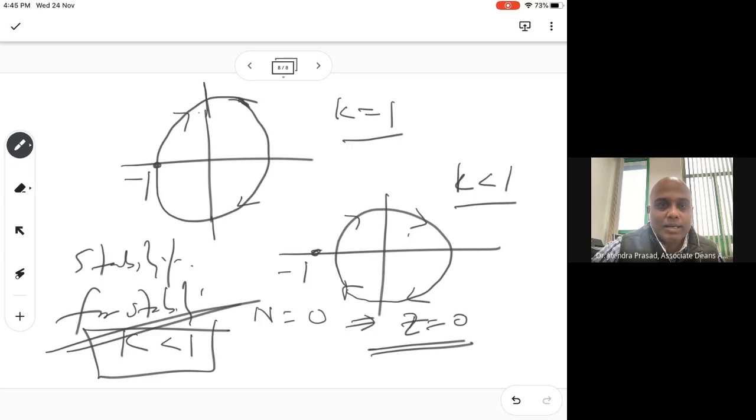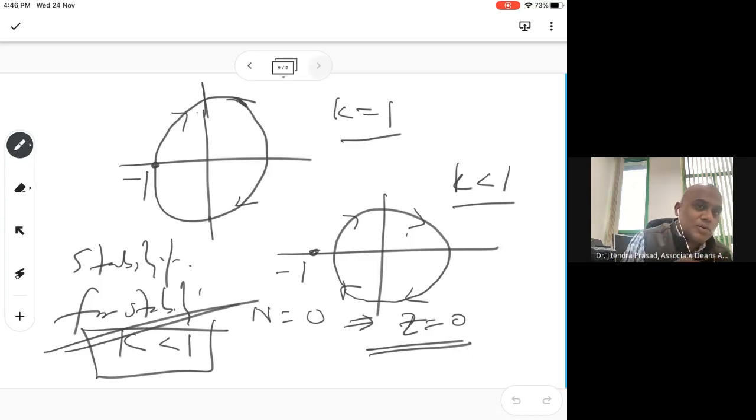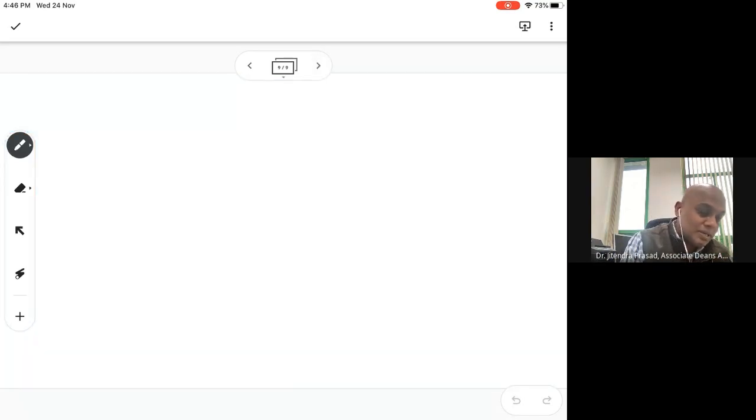Okay, so now look at the other one, B715. It says consider, so I'm leaving this one for you to use B715. So you use the same technique.